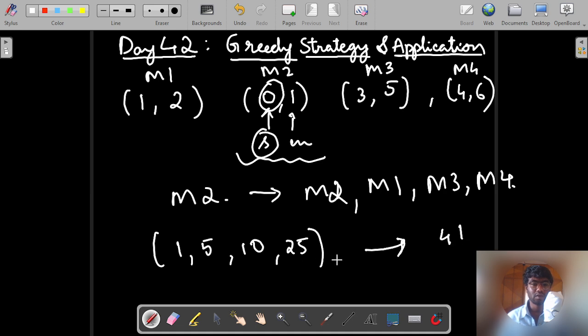The best way the greedy approach goes about this is, first we take the coin 25, which leaves us 16.